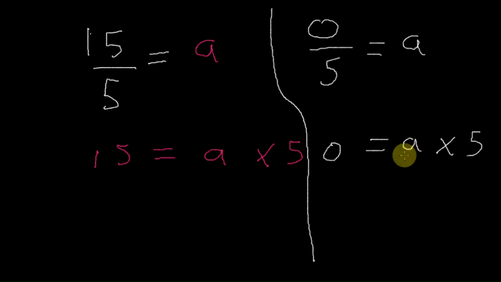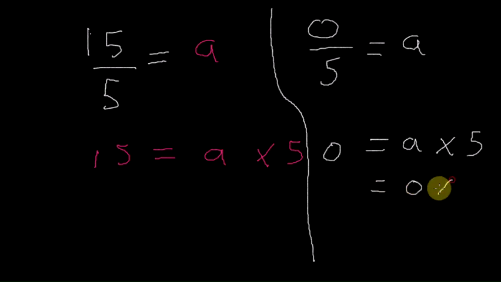And I'll explicitly show you, because if you put in any number, a 1 or a 2 or a 3 or a 4, 5 times 1 will give you 5, so it can't be that. 5 times 2 will give you 10, 5 times 3 will give you 15, and so on and so forth. The only number that gives us 0 is if we have a 0 here. So if we just write that out explicitly, that means that A must equal 0.